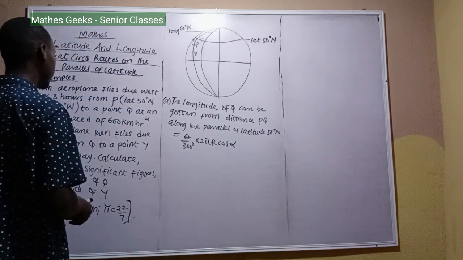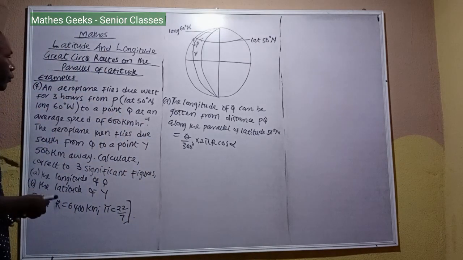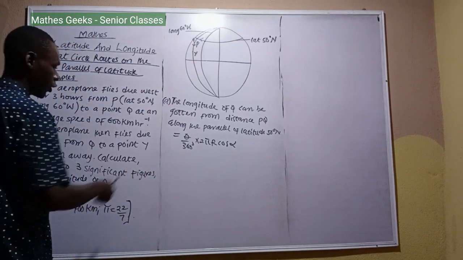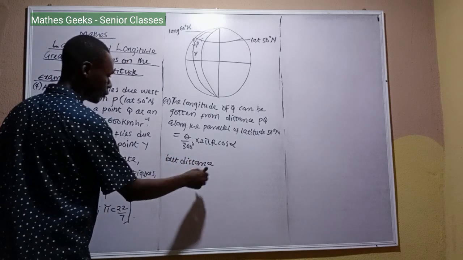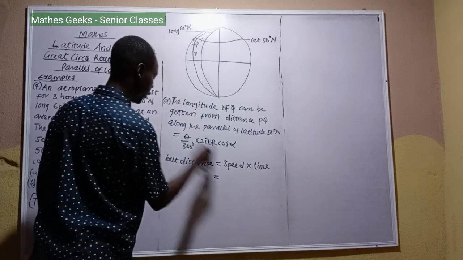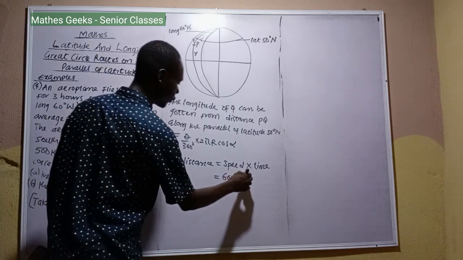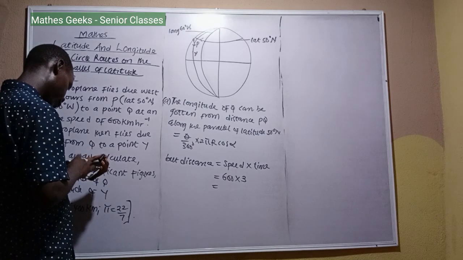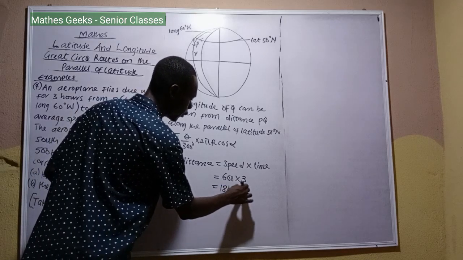Now we are given the time that the airplane flew from P to Q, and also the speed. To get the distance, distance is equal to speed times time. So the speed is 600 kilometers per hour times time, which is 3, and that is equal to 1,800 kilometers.